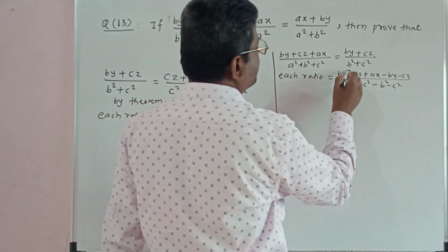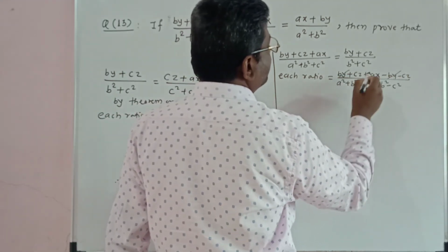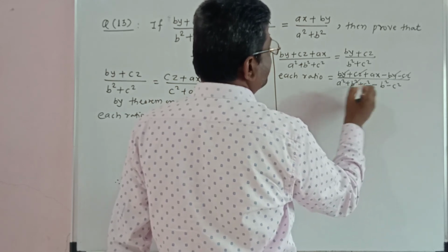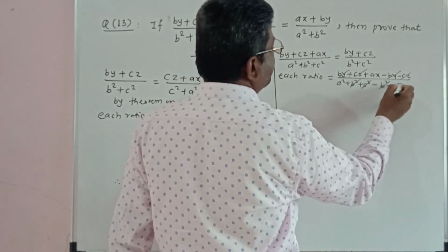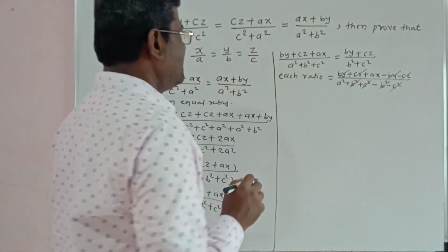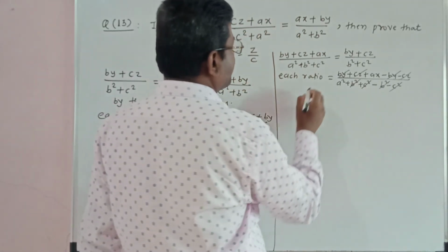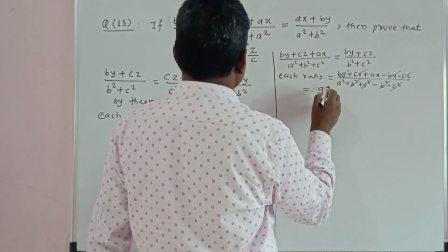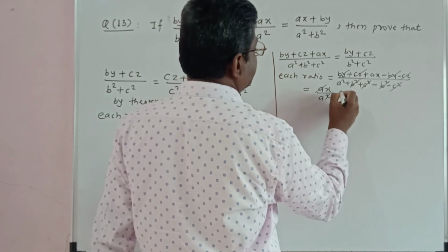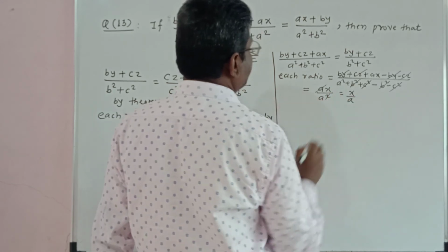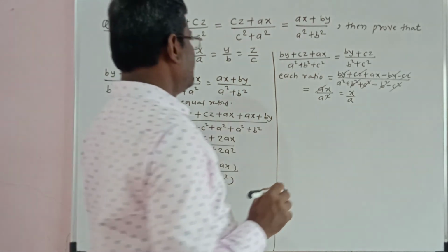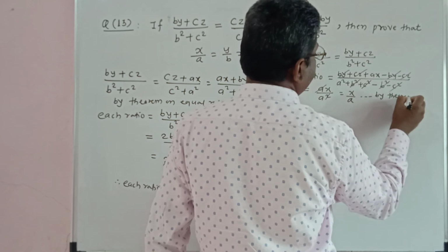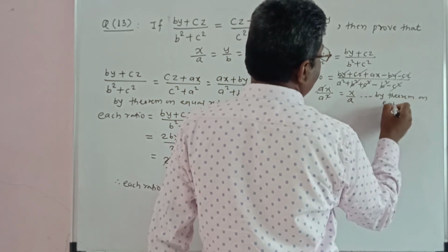So now by and minus by, cz and minus cz cancel. Here b square minus b square and c square minus c square will get cancelled. So it is equal to ax upon a square. Now here a cancels, equal to x upon a, and here we use theorem on equal ratios.